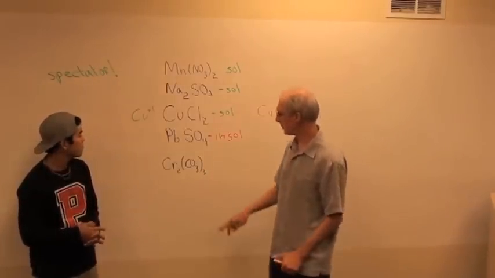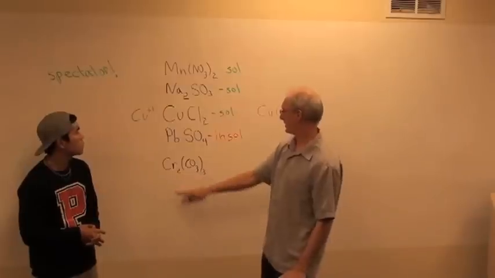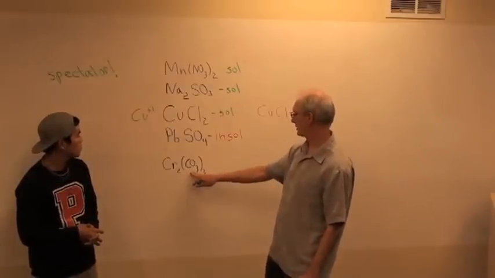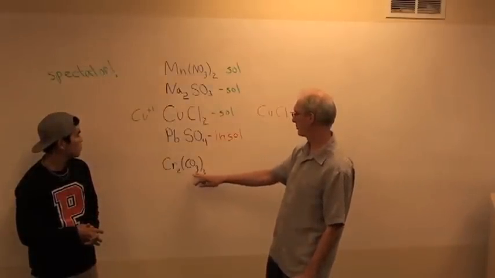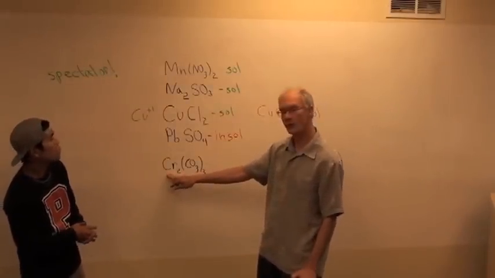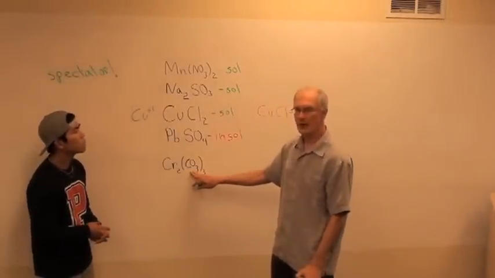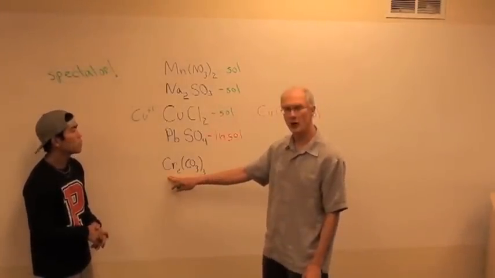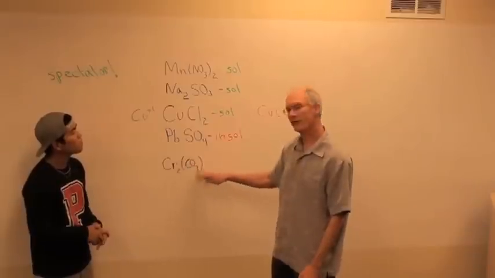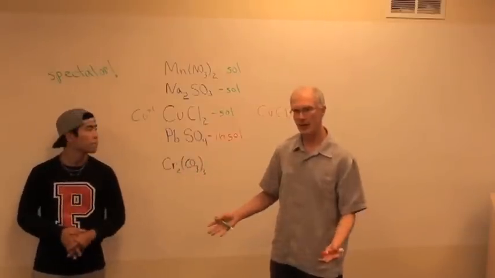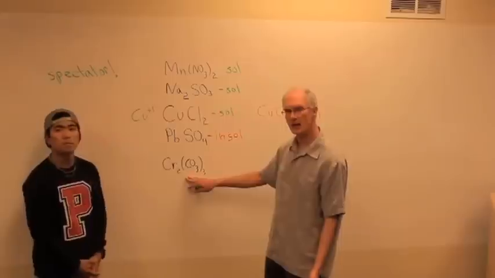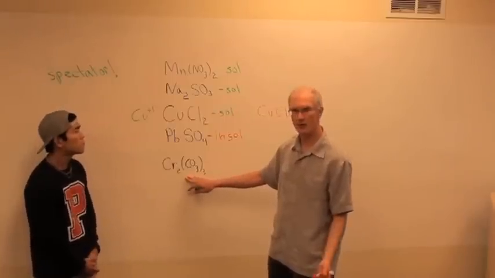The last example: carbonate is 2 minus, so that's, I think, chromium 3 carbonate. Well, carbonate didn't show up anywhere on the table, neither did chromium, and so this falls in that last category, everything else. Everything else is insoluble. Is this one of the exceptions, one of those hydroxides?